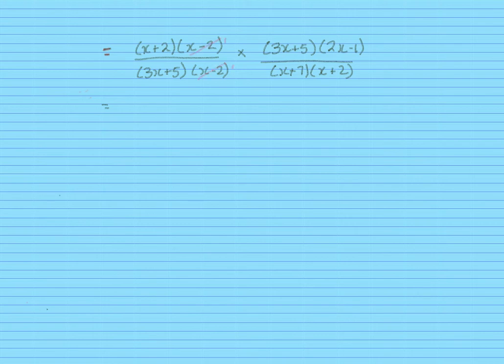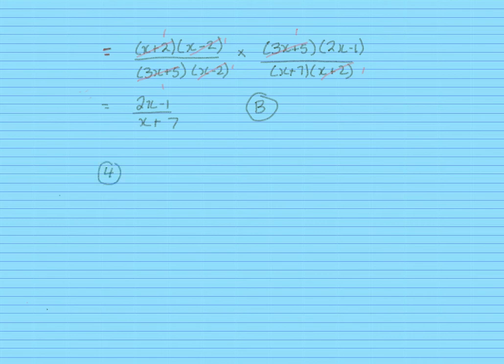And now I get to the fun part. I get to cancel out the x minus 2 on the top and the bottom, and the x plus 2 on the top and the bottom, and we've got a 3x plus 5 on the top and the bottom. And I look along the top line and I'm only left with 2x minus 1, and on the bottom line I'm left with x plus 7. And if you have a look at the multiple choice, it's answer B.